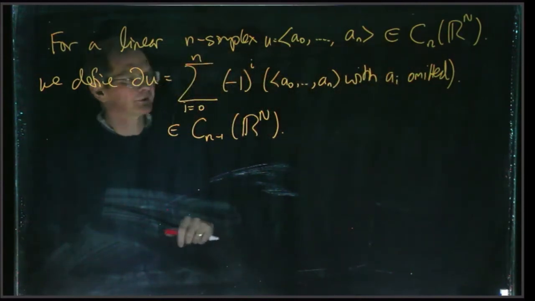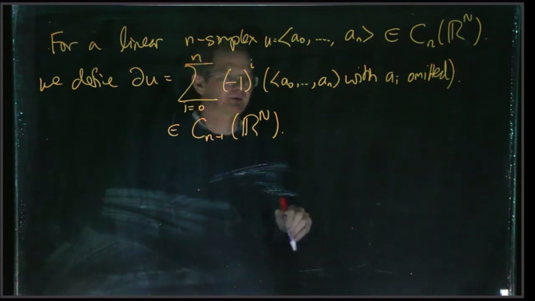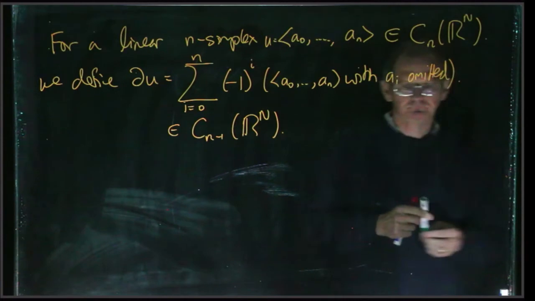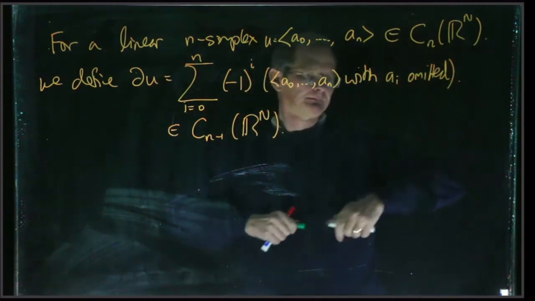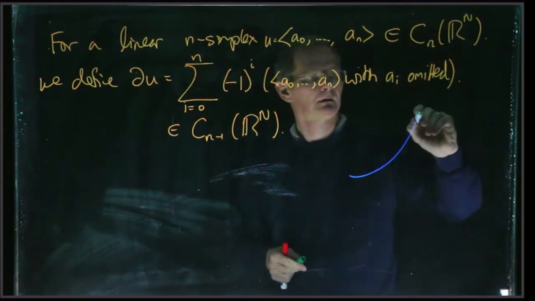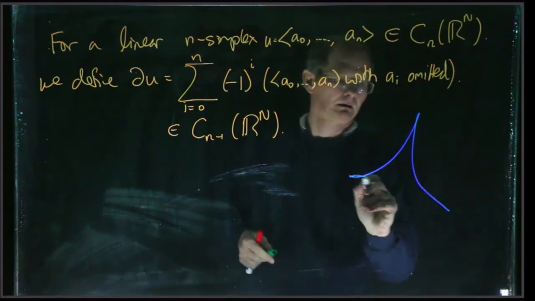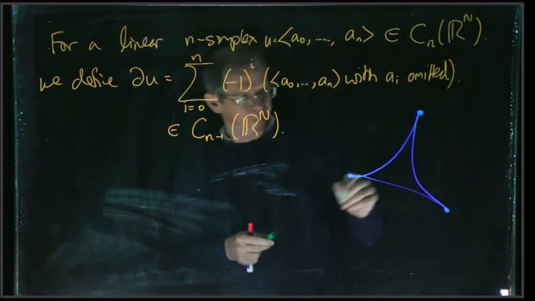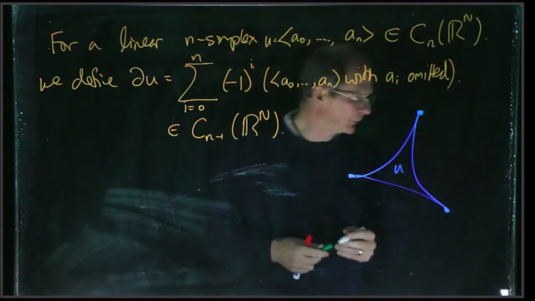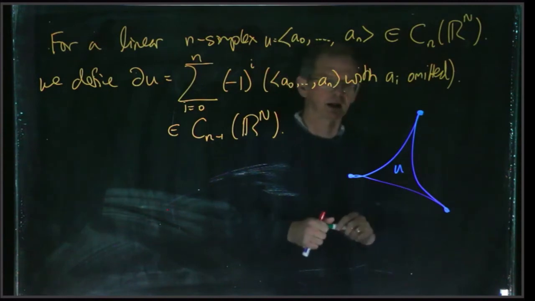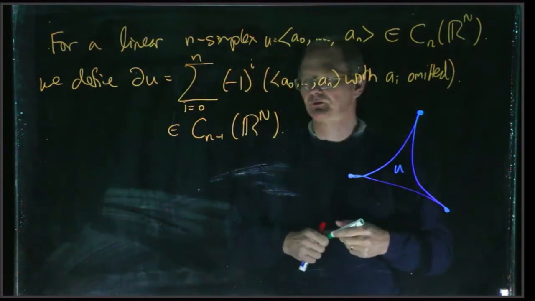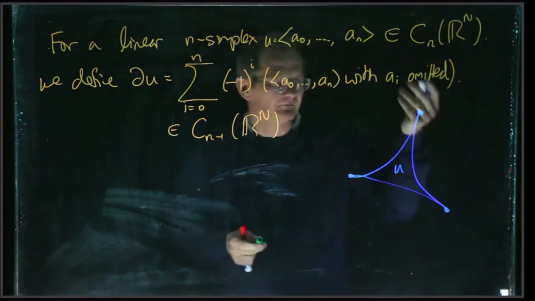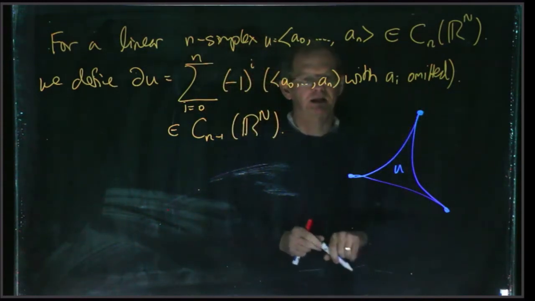And we want to do the same thing with nonlinear simplices. So let's just draw another picture. Here's a curvy two-simplex. Let's write U here to indicate this is the image of a nonlinear map U from the two-simplex into some space, which looks like it's R2 here, but it could be any space.